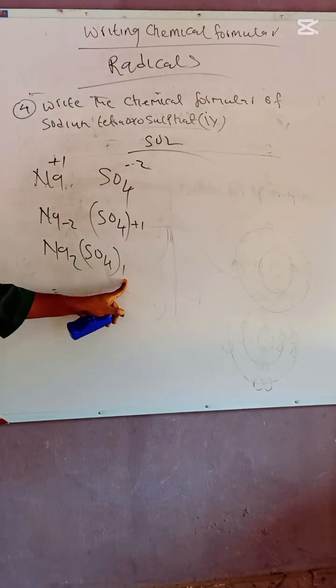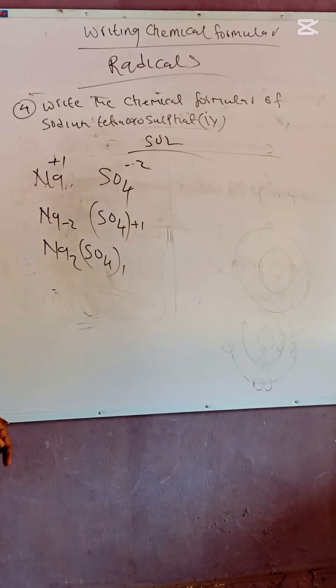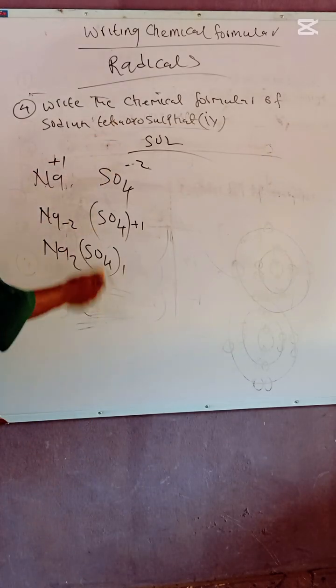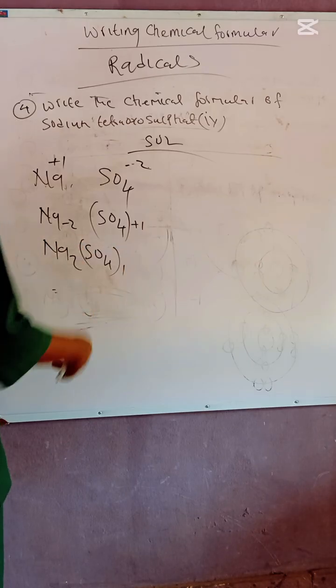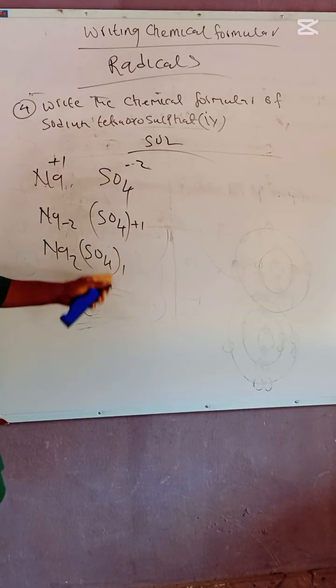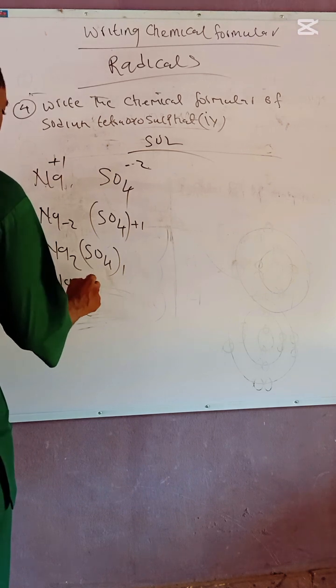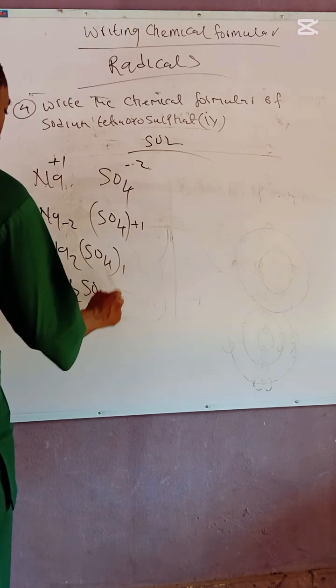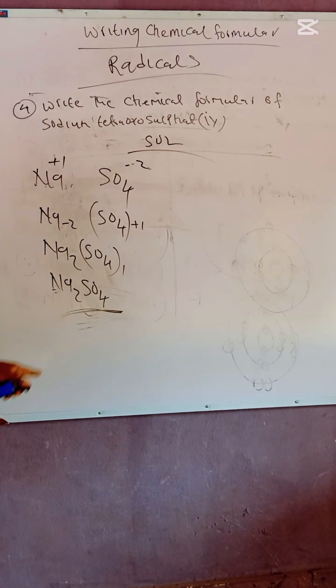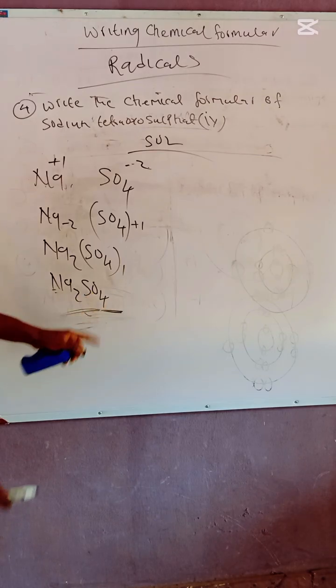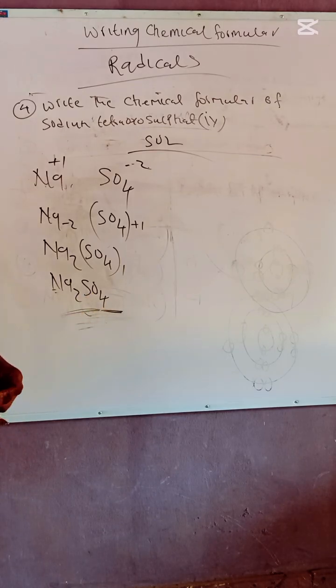You know the 1 is not written in a chemical formula, so we remove it, and we remove the bracket because it is no longer important. So we have Na2SO4. This is sodium tetraoxosulfate 6.